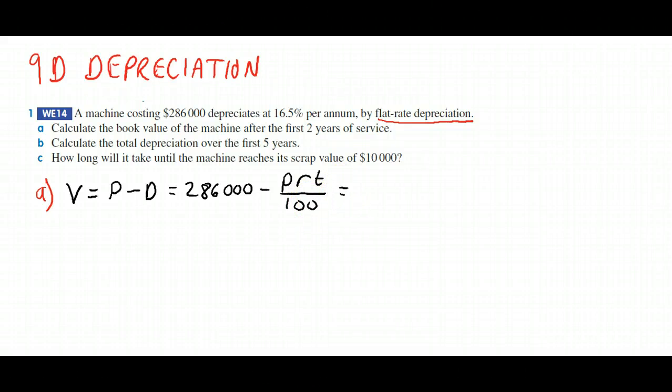So if we substitute those values in, the principal, the initial price was $286,000. The interest rate was 16.5% per annum, and we're talking about 2 years of service here. So T is 2, and it's all over 100.